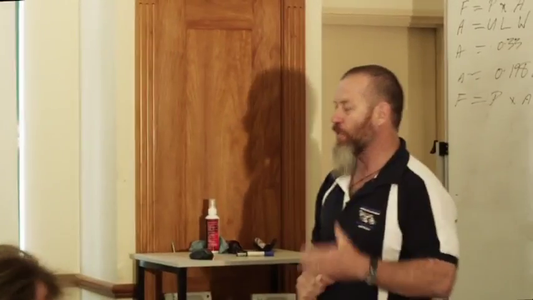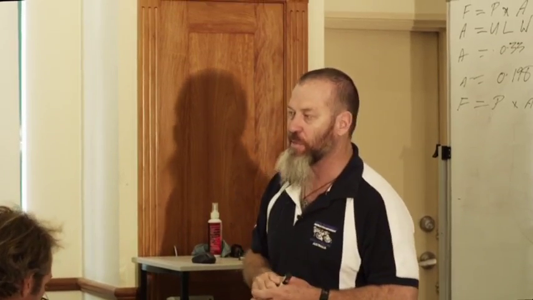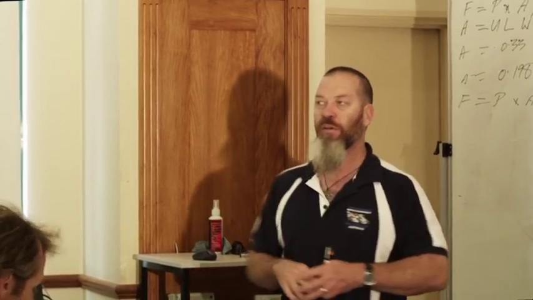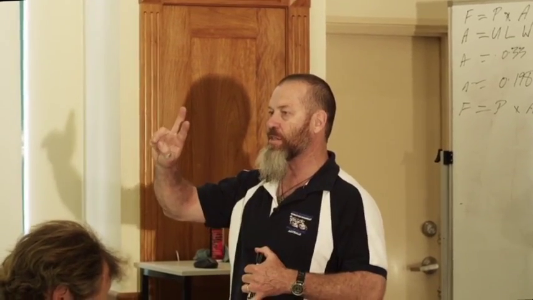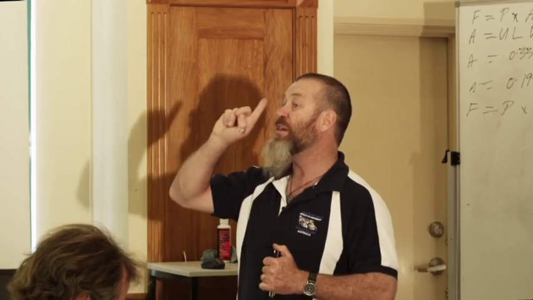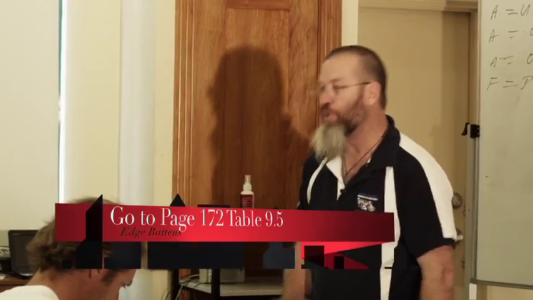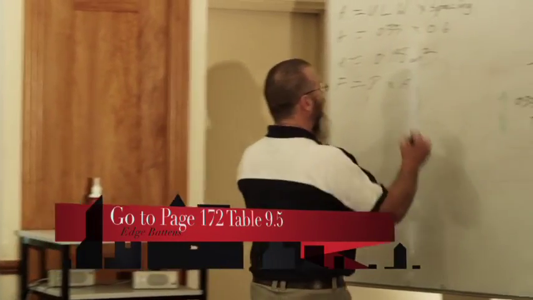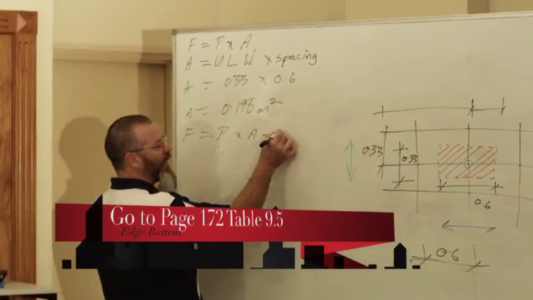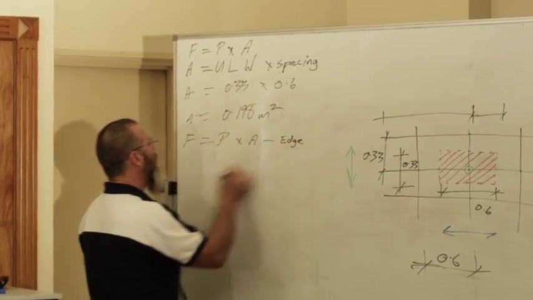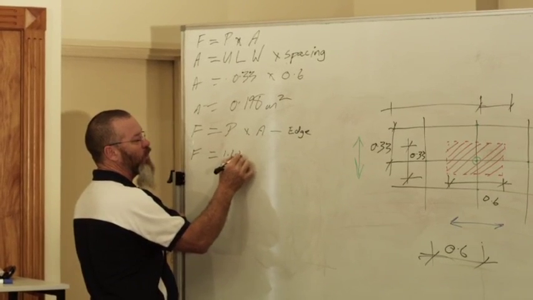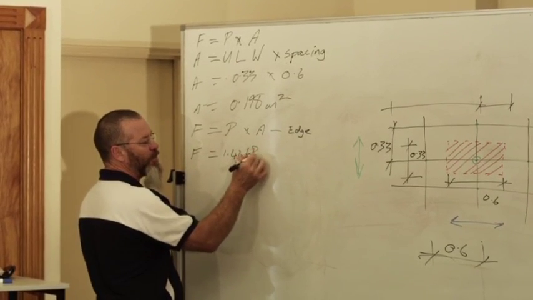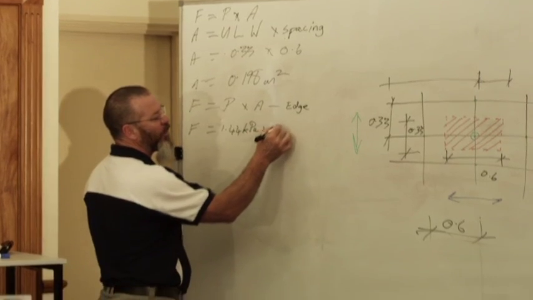Go to table 9.5, N2 tiled roof. Find me the pressure, please. Now, we're talking about a batten connection. Remember there are two batten connections. The first one we're going to do is edge battens. So N2 tiled roof, 1.44. So what I'm going to do here is edge battens. Force equals pressure times area: F = P × A, 1.44 times 0.198.